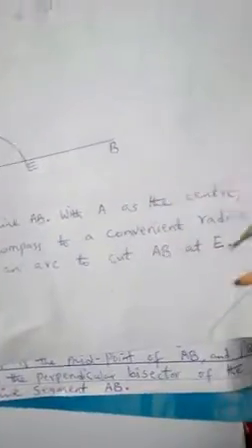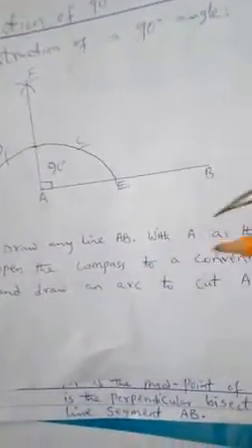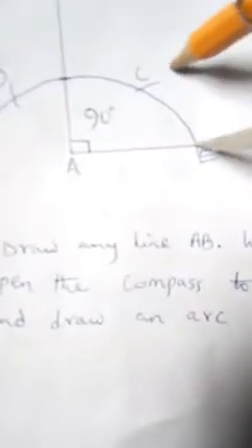Open the compass to a convenient radius and draw an arc to cut AB at E. Okay, this is your A. You draw an arc here to cut your AB at this E. Okay, then with your E here, you cut another one here, give it the name C. Then with C, you cut another one this side, you give it a name D.